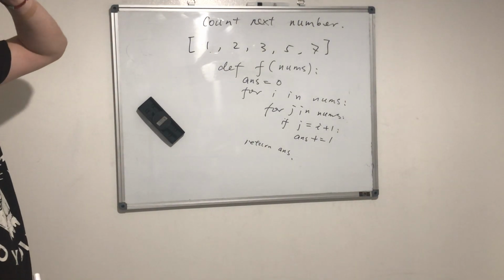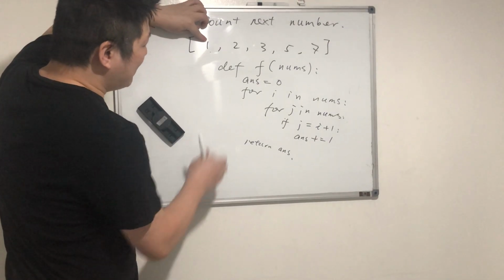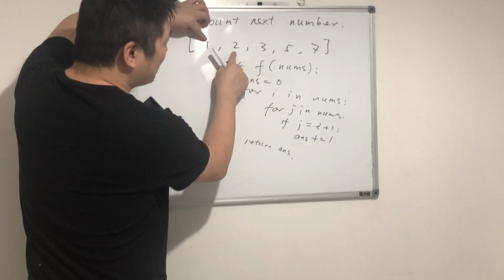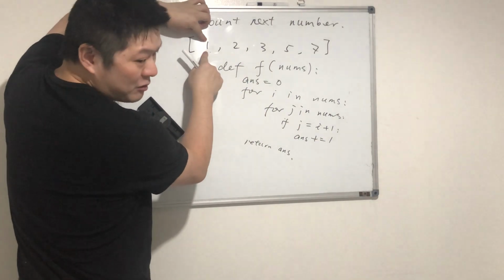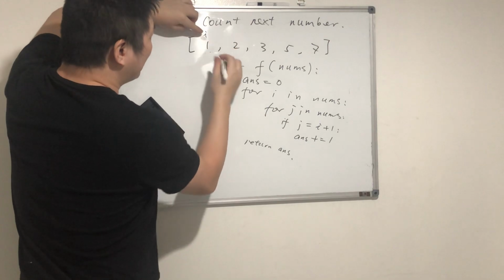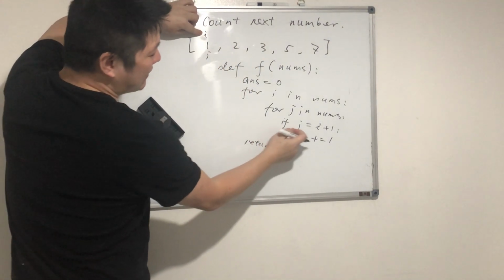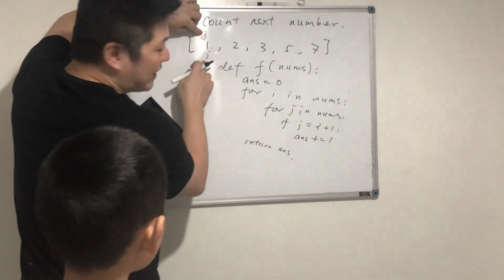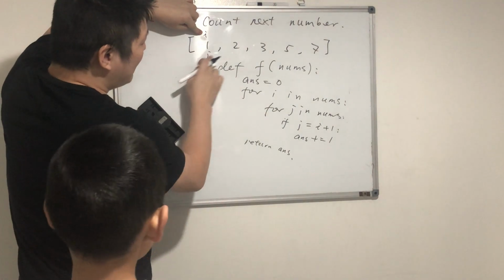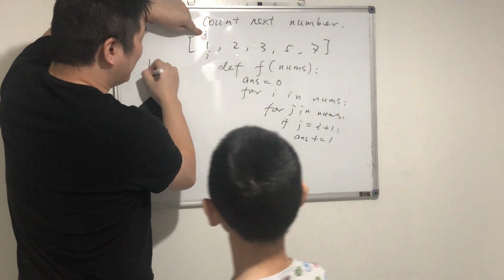Will that work? Let's try. i will be 1, and then I try 1, 2. Because j is equal to i plus 1. Now I'm here at i, and j starts from i. This condition is not met because j equals i. Then j will be here, 2 equals 1 plus 1, so the answer is 1.